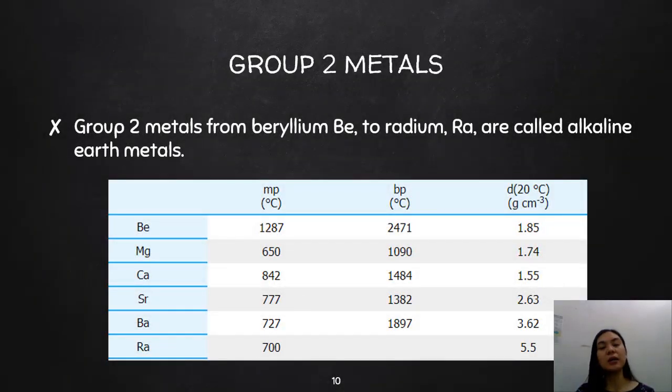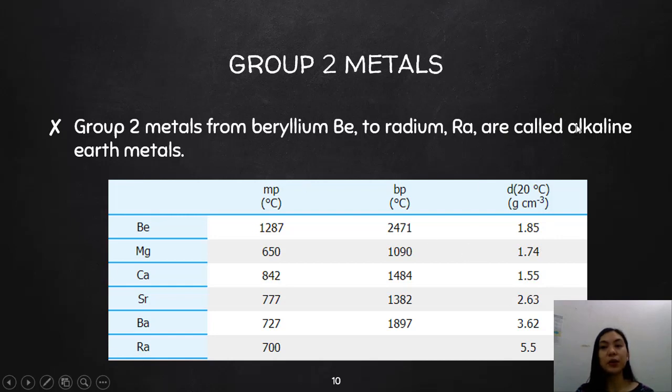So let's take a look at some of the properties of these particular metals. So you have your melting point. Again, as you go down, the melting point decreases. And in the boiling point, they actually vary. And the density, as you go down, it gets heavier and heavier. So there.